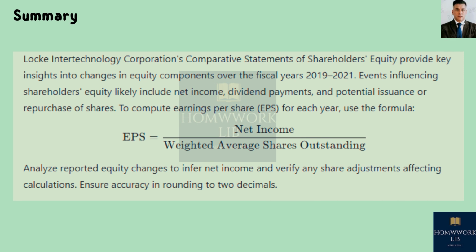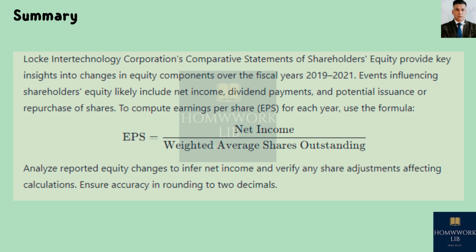Summary: Locke Intertechnology Corporation's comparative statements of shareholders' equity provide key insights into changes in equity components over the fiscal years 2019 through 2021. Events influencing shareholders' equity likely include net income, dividend payments, and potential issuance or repurchase of shares.